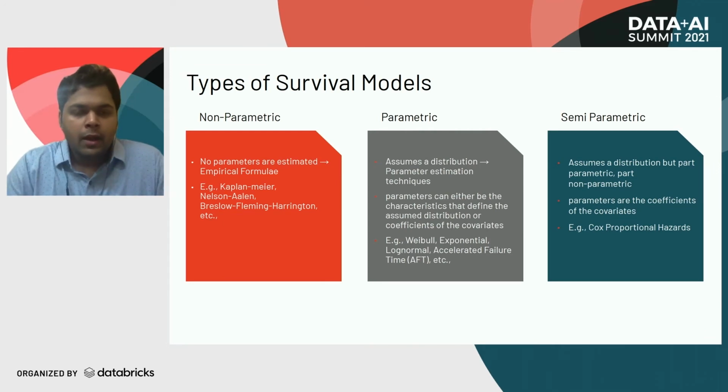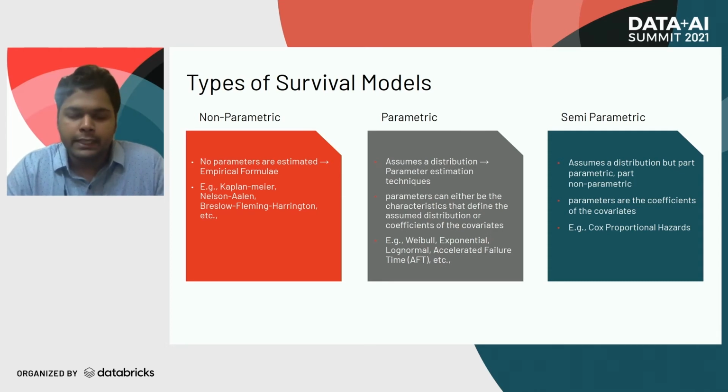So survival models can be broadly classified into three different types: non-parametric, parametric, and semi-parametric, based on how we estimate the survival curve. I will discuss non-parametric and parametric methods in detail in the demo notebook.